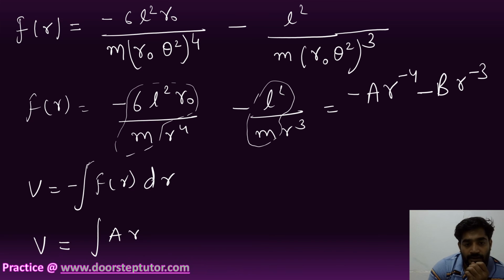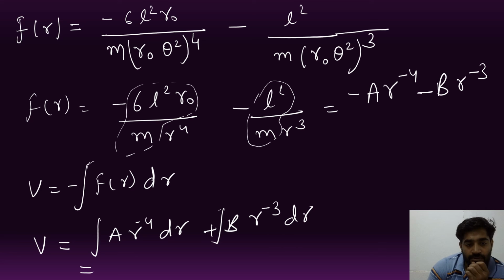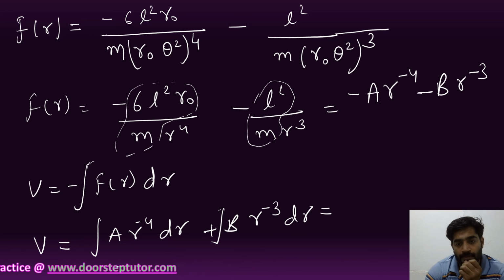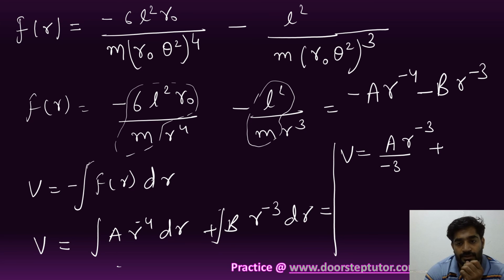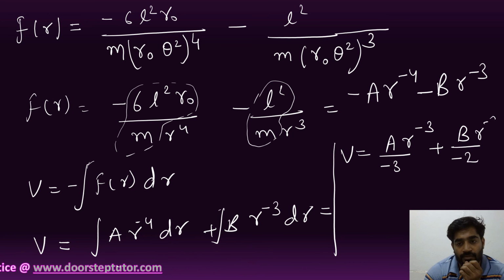It will be the integral of A r to the power minus 4 dr plus B r to the power minus 3 dr, which equals A by minus 3 r to the power minus 3 plus B by minus 2 r to the power minus 2.